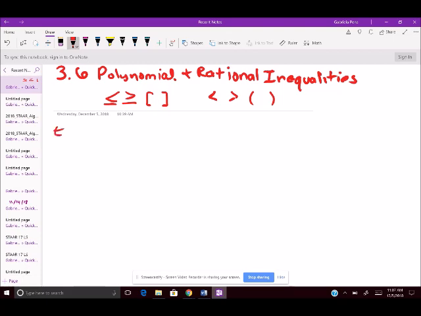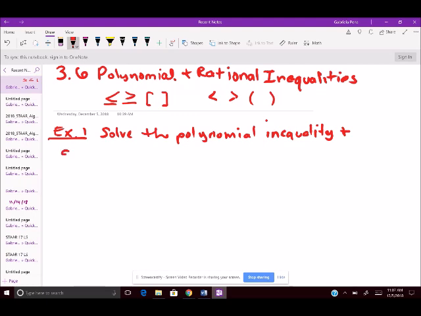So example number 1, we're going to solve the polynomial inequality and graph the solution.